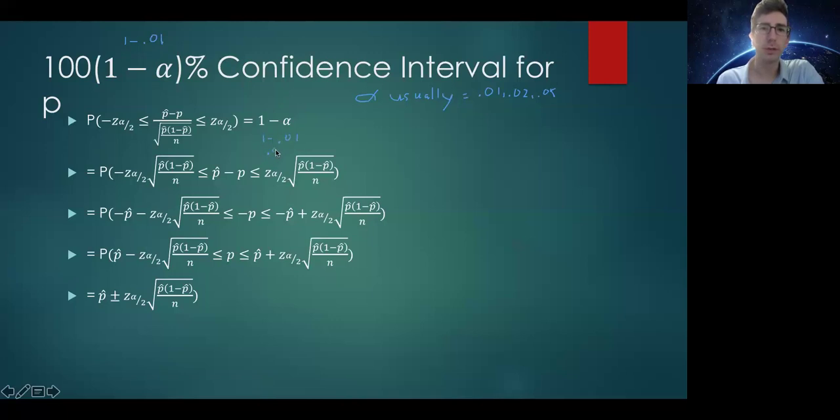That's 0.99. So we want the probability of our population proportion being between these two cutoffs to be equal to 0.99 or 99%, right?